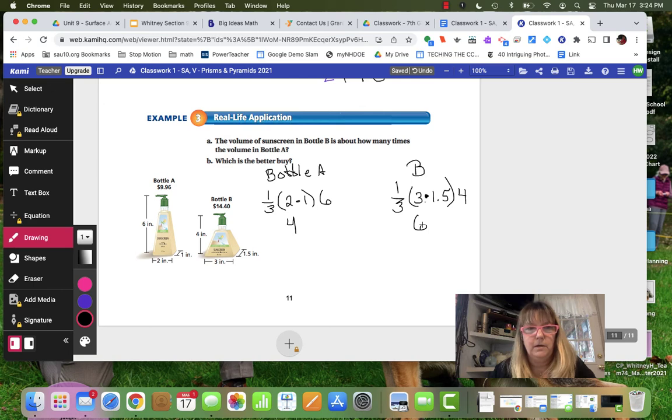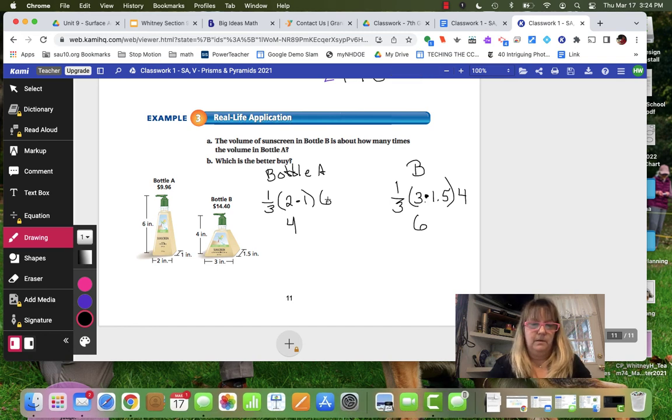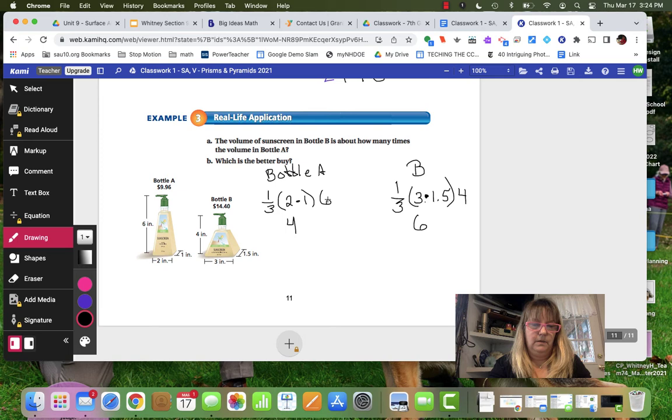So bottle B is about 1.5 times larger. So to answer this question, we take the 6 and we divide it by the 4, and we get 1.5 times larger.